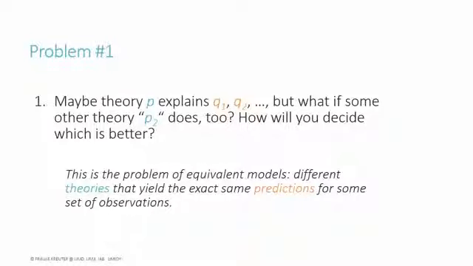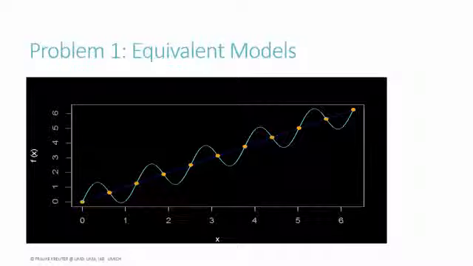Maybe theory P explains the occurrence of Q1, Q2, but what if there's another theory, P2, that also explains that? Take this picture for example. Here we have in orange the dots along in the graph. Those are the observations, the data points that we have.